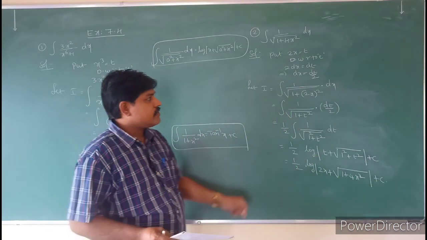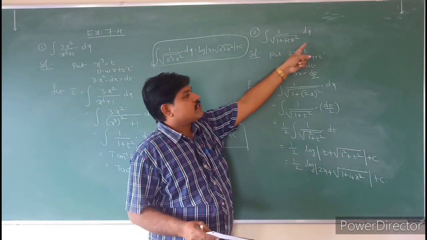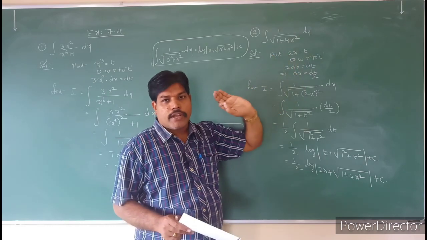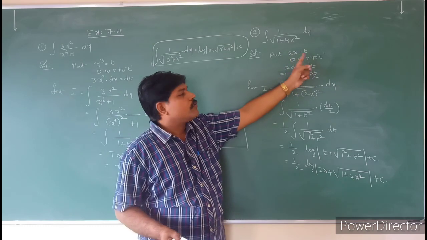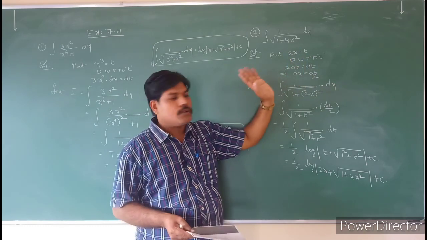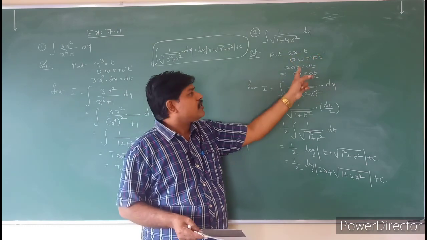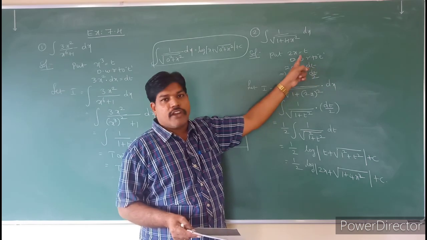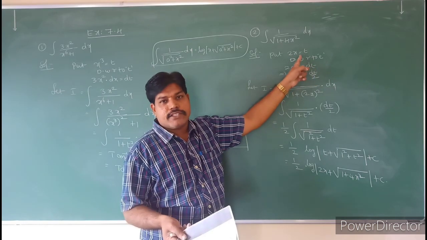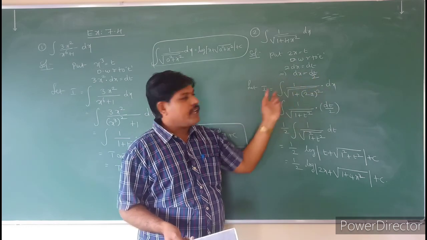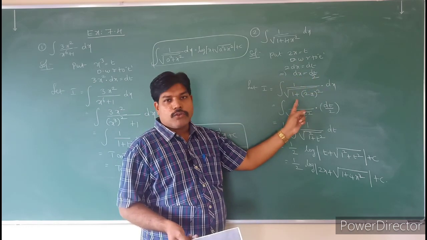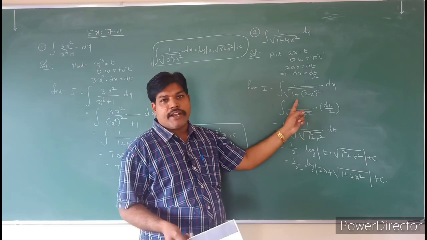So see that question, students. 1 plus 4x square is given. First you have to take this 4x square and write it as 2x whole square. So take 2x is equal to t. First we have to understand that one. So 2x is equal to t, differentiate with respect to t, the derivative of 2x is 2 into dx is equal to dt. So dx value is nothing but dt by 2. Take the problem, integral 1 by root of 1 plus 2x whole square into dx.